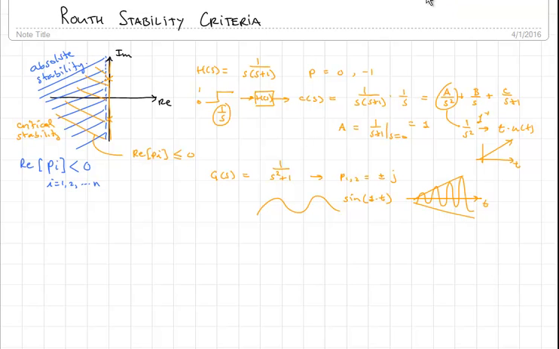And now we also have what we'd call relative stability. Relative stability is the case where not only do we have all the real parts of our poles less than 0, but also subject to additional transient performance criteria.